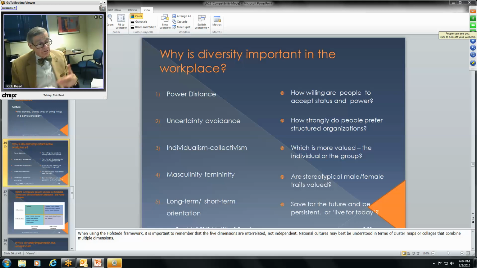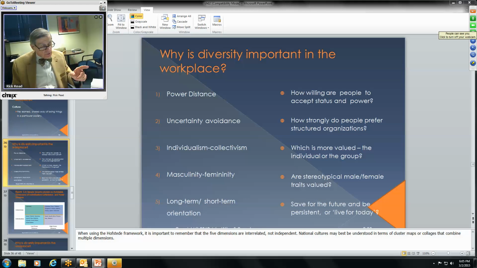Masculinity, femininity, do we hang on to stereotypes? And then finally, long-term, short-term orientation. Americans are short-term oriented. We want the silver bullet answer for everything that we encounter, and then we're going to move on to the next problem. Whereas the Japanese have a long-term orientation.